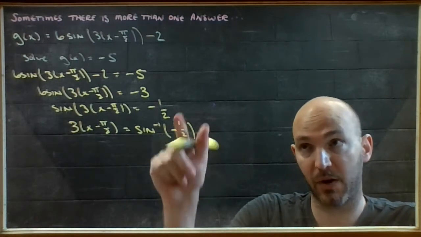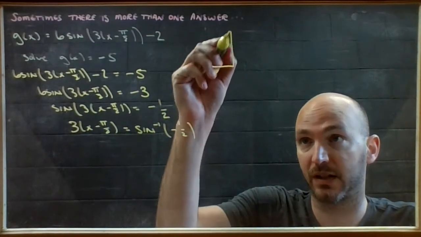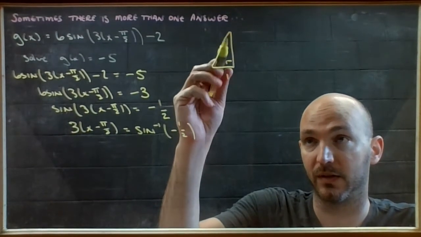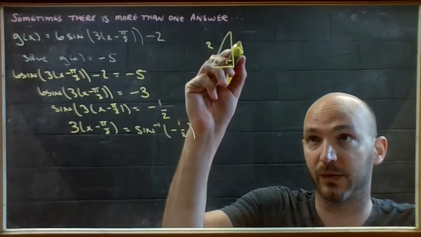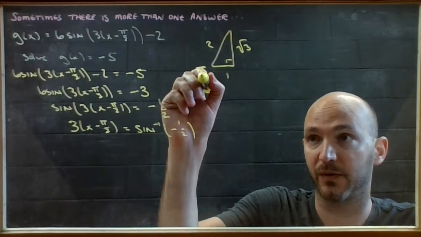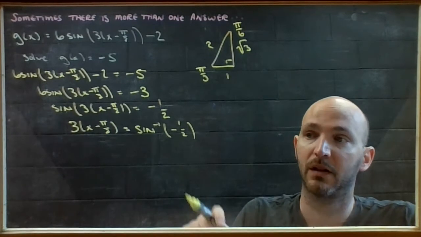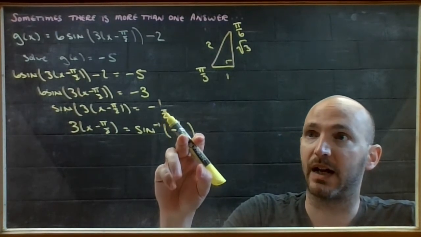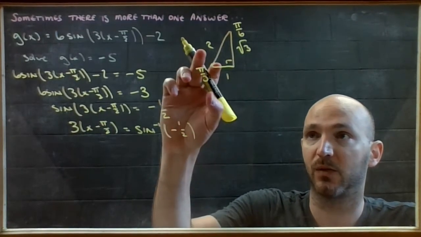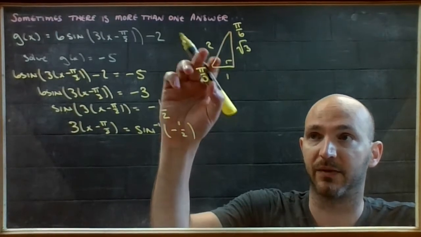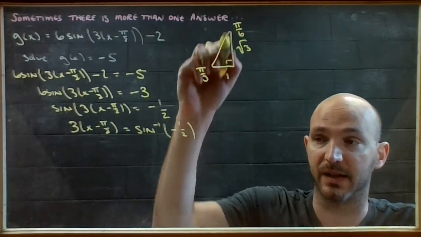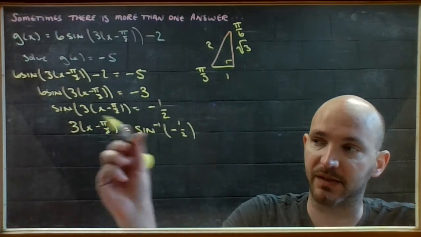But I spot that that is from this particular special triangle, 1, 2, root 3, which has a pi over 3 down here and a pi over 6 up there. For sine ratio of 1/2, the opposite over the hypotenuse would have to be for pi over 6. So this is the pi over 6 family.